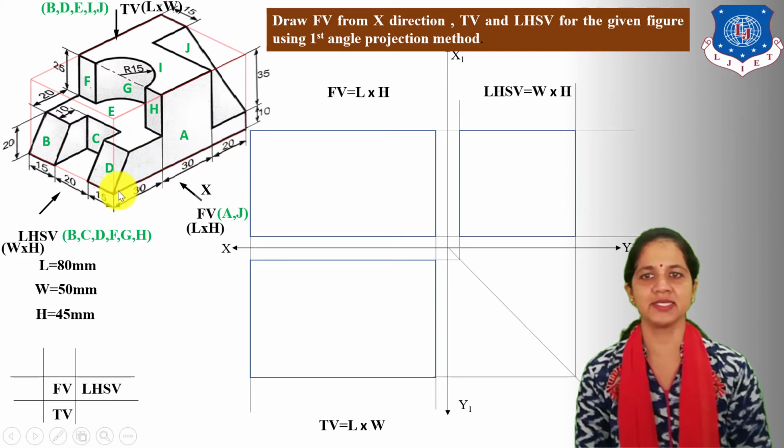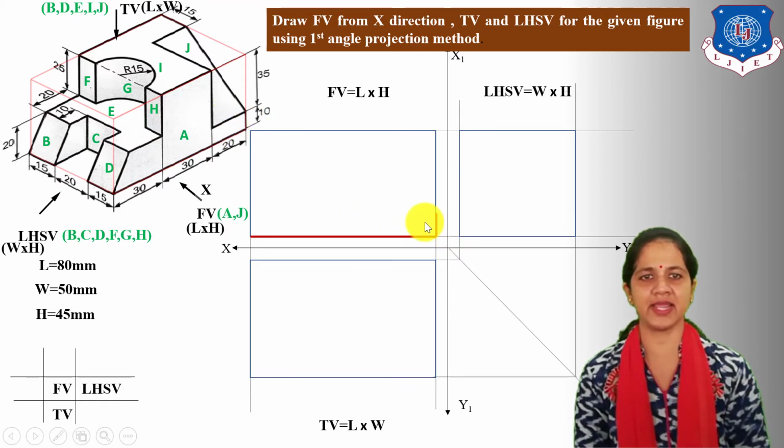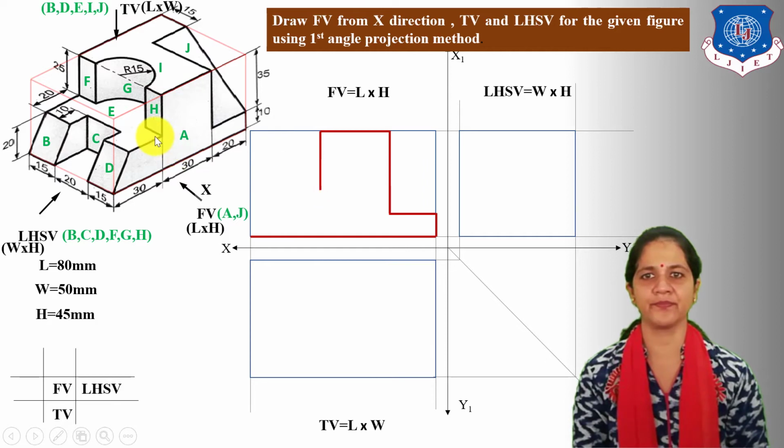For A surface, take maximum length 80 mm, 10 mm height, then 20 mm length, then 35 mm height, then 30 mm length, then 25 mm height, 20 mm length. Now for this inclined line location, connect these 2 points. So this indicates A surface in front view.